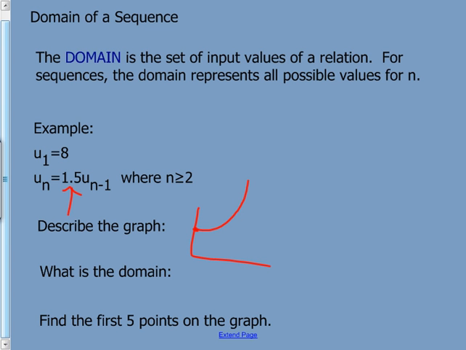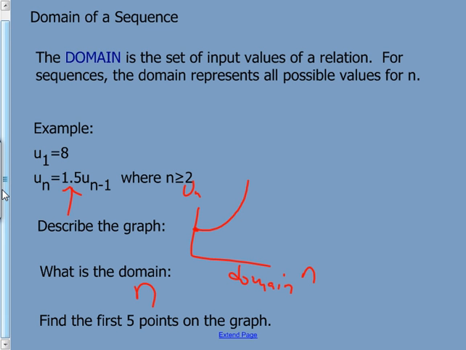50%. Now the domain is also known as the x's. What are the x's, though, on a graph like this? The n's. Because domains are down here. And we don't have an x and a y now. We have an n, and we have a u sub n. And it says, list the first 5 points.